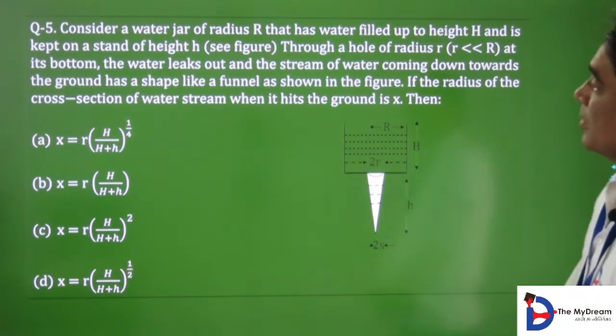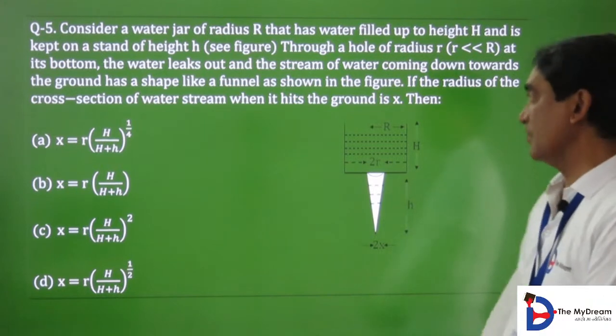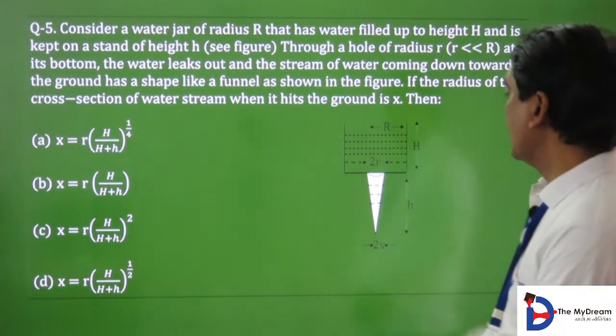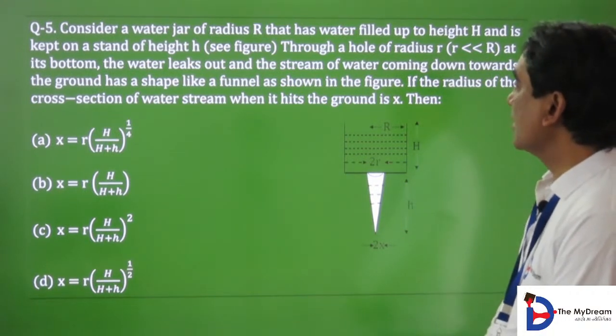If the radius of the cross section of the water stream is x when it hits the ground.